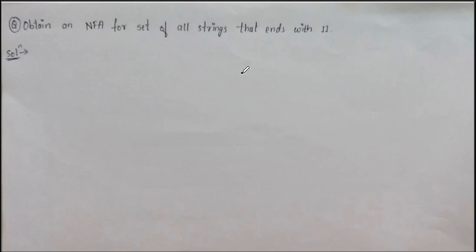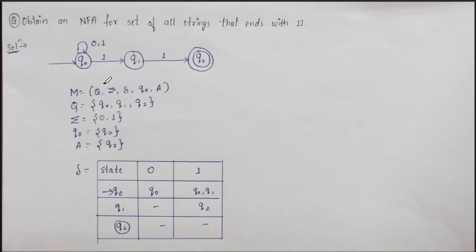Now come to the second question. Obtain an NFA for the set of all strings that ends with 1, 1. There are 3 states for this question. Q2 is the final state, so we put two circles to indicate the final state, and the string should end with 1, 1.